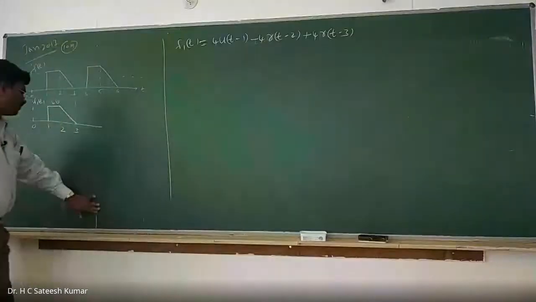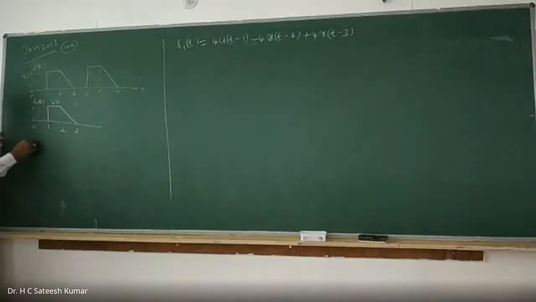Therefore, we can write it as f1 dash of t, f1 double dash of t, f1 triple dash of t. Split that.